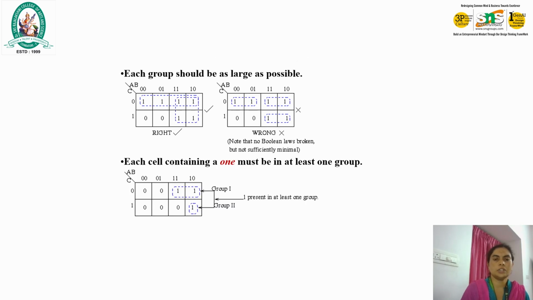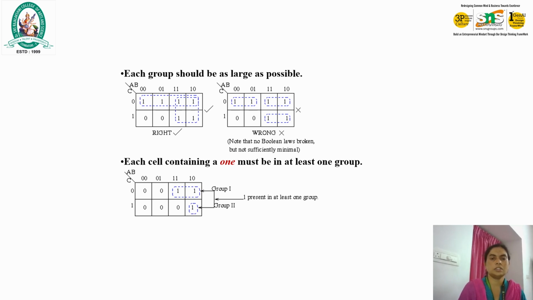Next, each group should be as large as possible. When grouping using a Karnaugh map, we first focus on 8, else on 6. If there is no possibility of 6, we focus on 4, that is grouping of 4 cells.